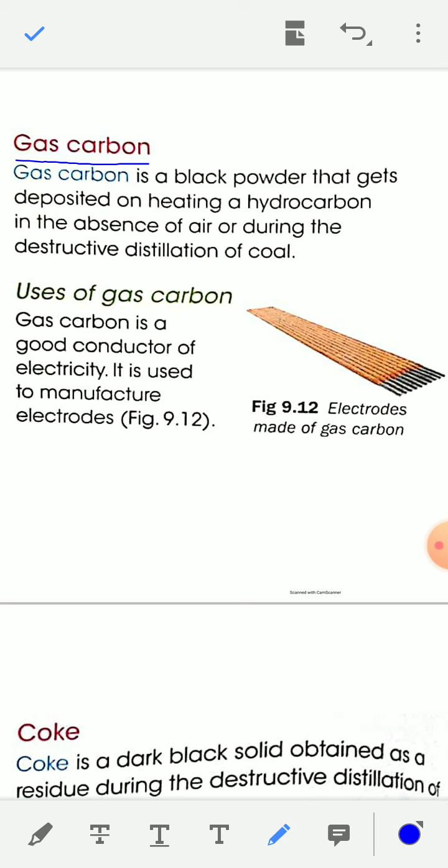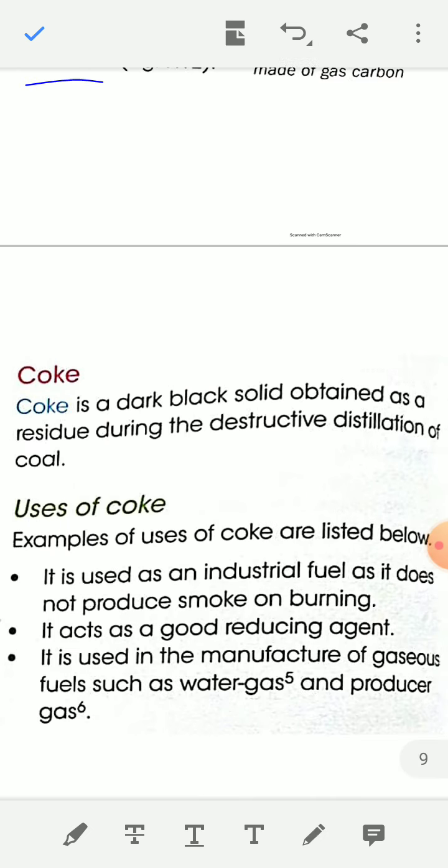Use of gas carbon: gas carbon is a good conductor of electricity, so it is used to manufacture electrodes.